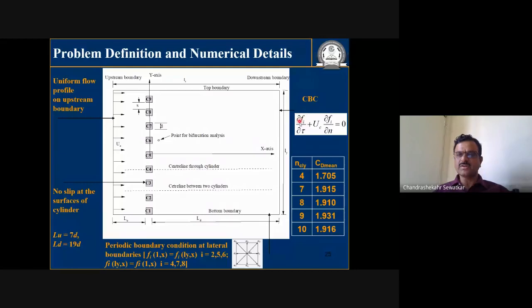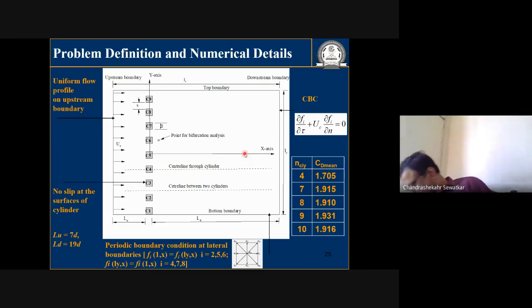But if it is a finite volume method, I can have a boundary condition like this: del u by del t plus UC del u by del x equals 0, where UC is the average velocity here. Such a boundary condition is called a convective boundary condition.